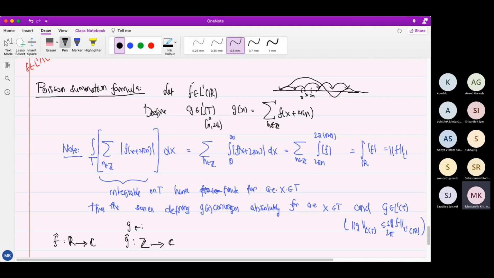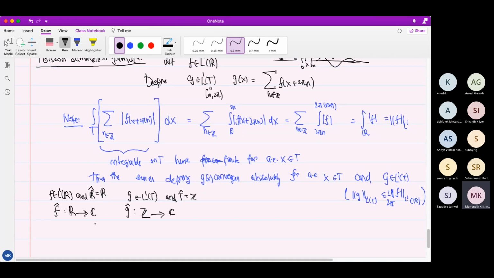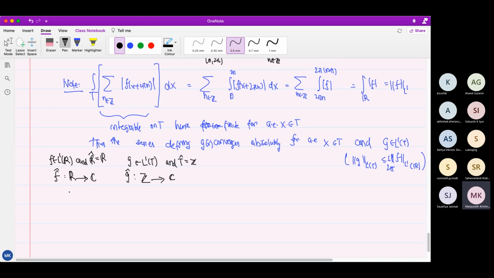Because G is in L1 of T and T hat is the integers. Here f is in L1 of R and R hat is R itself. So the question is, how are G hat and f hat related? Okay, what is the relationship? That's what we are going to ask.